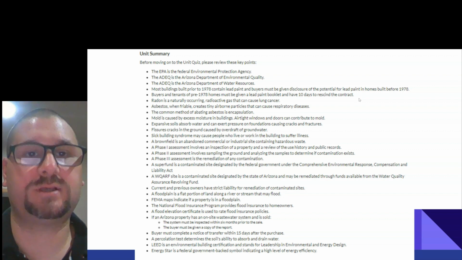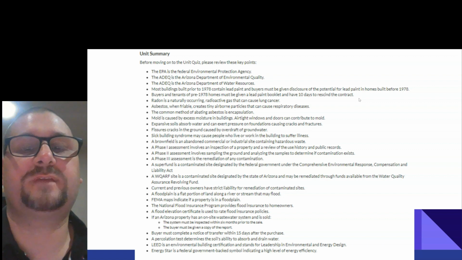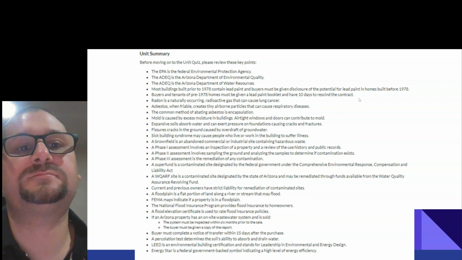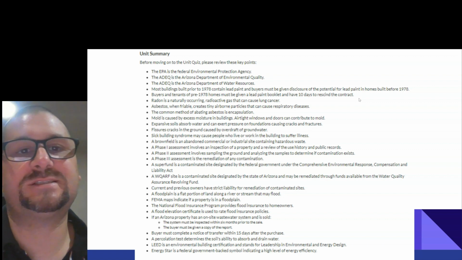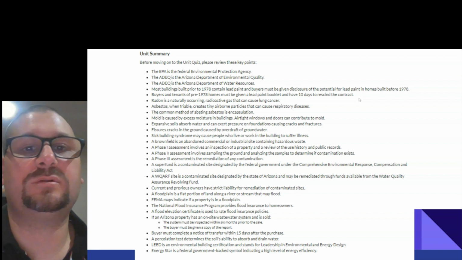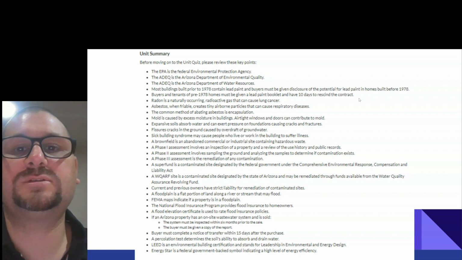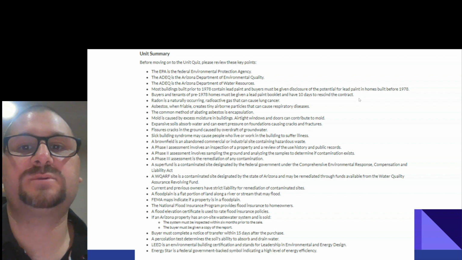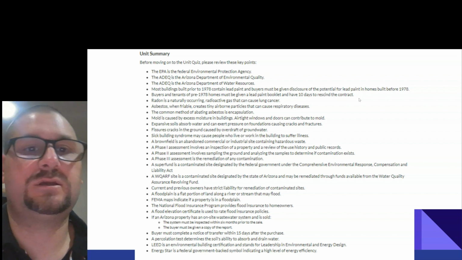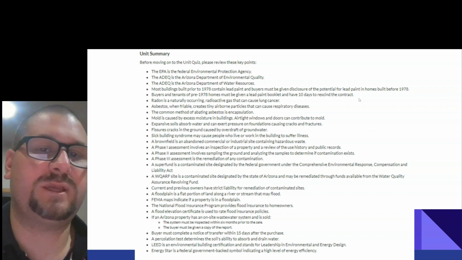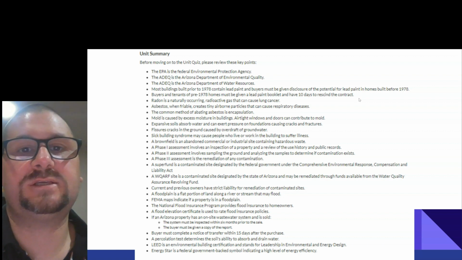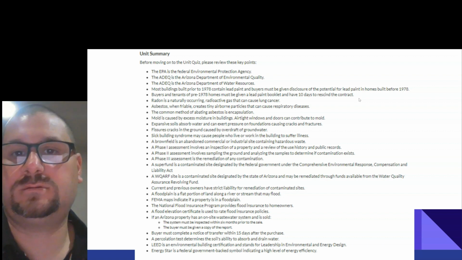Radon is naturally occurring radioactive gas that can cause lung cancer. Asbestos, when friable, creates tiny airborne particles that can cause respiratory diseases. The common method of abating asbestos is encapsulation.